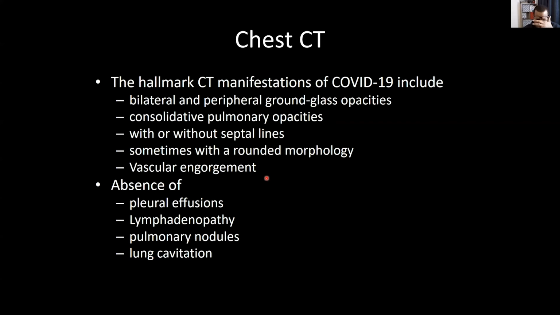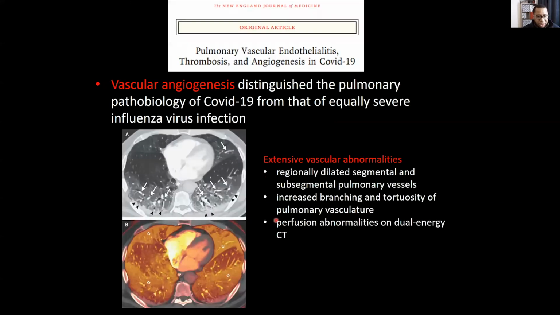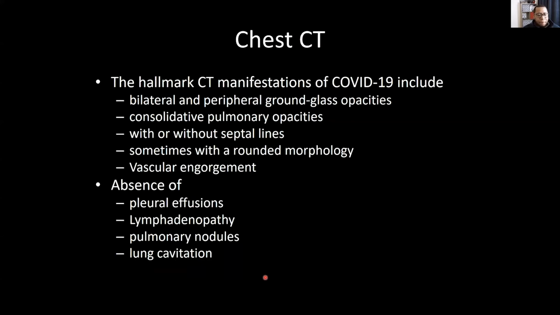Initially, people were reporting just a focal area of vascular engorgement, but like I showed you in the previous slide, and in this separate paper, which is also in the New England Journal of Medicine, some researchers from Boston showed that there's a more extensive regional area of vascular abnormalities. So yeah, these were the early described hallmark CT features of COVID-19.